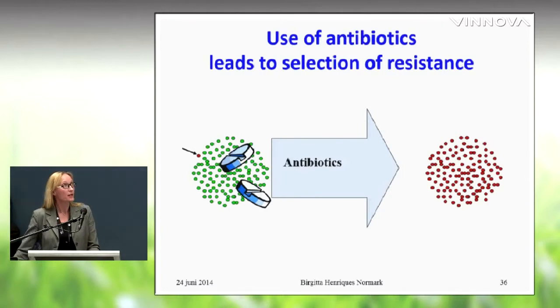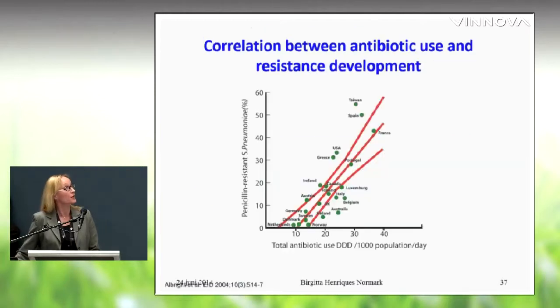Several studies have shown a correlation between antibiotic usage and resistance rates. I thought I would show you this just to give some numbers. Here was a study where they looked into pneumococci causing pneumonia that were resistant to penicillin. You have the resistance rates on this axis, and on this axis the antibiotic usage.